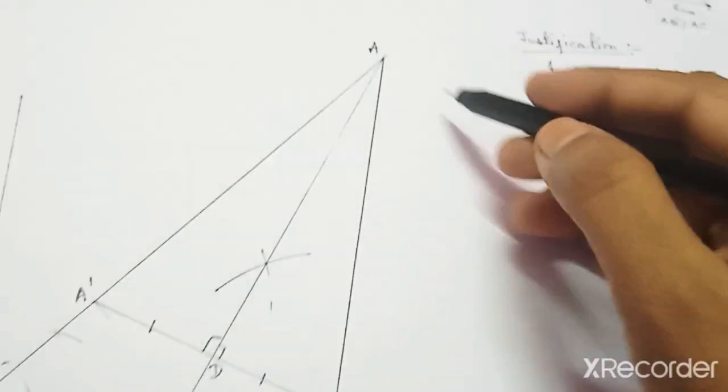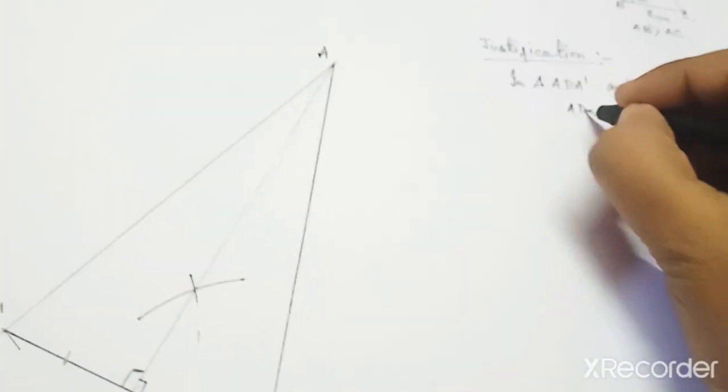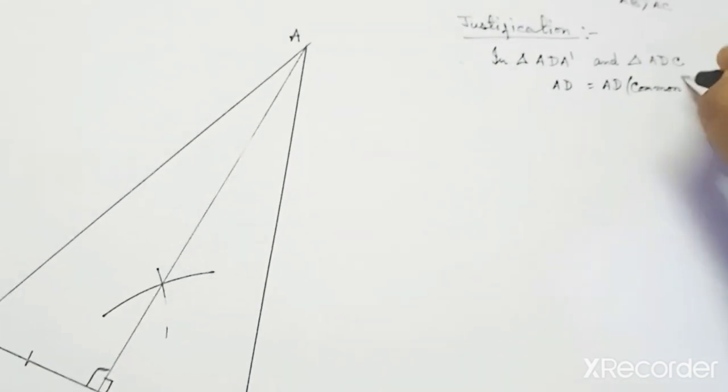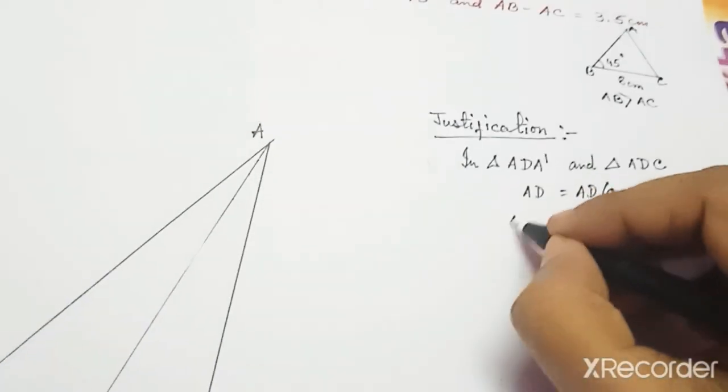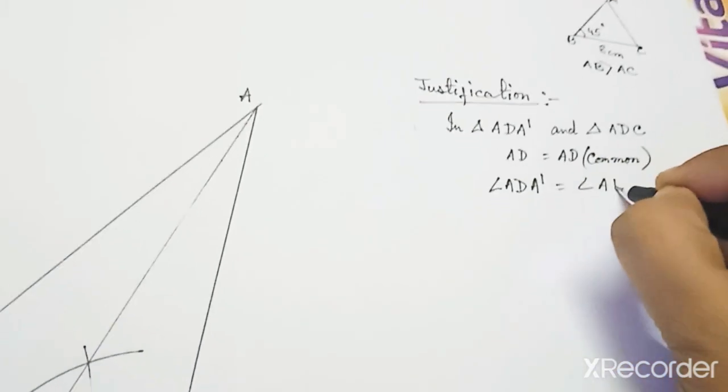So in triangle ADA dash and ADC, AD equals AD common, and angle ADA dash equals angle ADC.